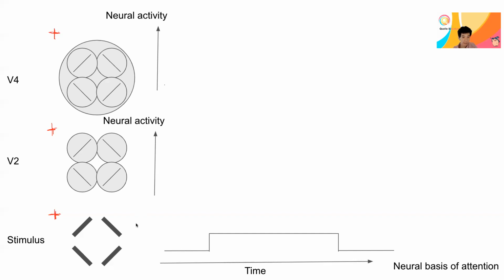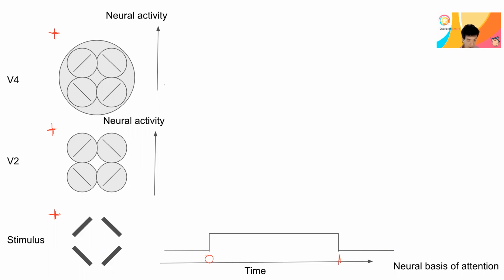Okay, and then let's say I don't present anything up until time 0, and then suddenly present a stimulus, a square like a line orientation, at time 0, and then until time 1. So that's the time course of the experiment.